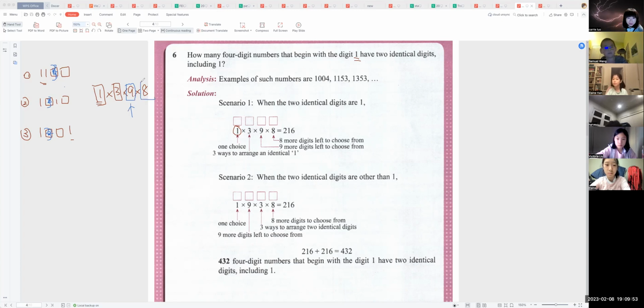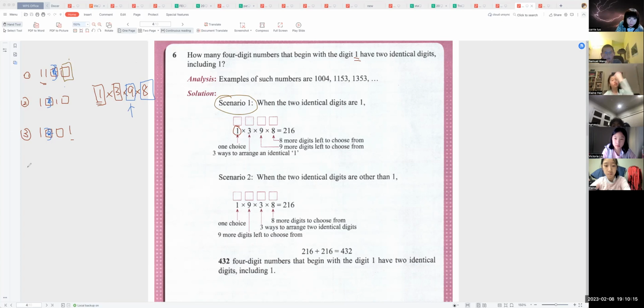Okay, so the last one is 8. So the 8 is what? Because one of them is being used. So that's why this number could only have 8 different options. So that's why it's 1 times 3 times 9 times 8. So the case scenario 1, does everybody understand?